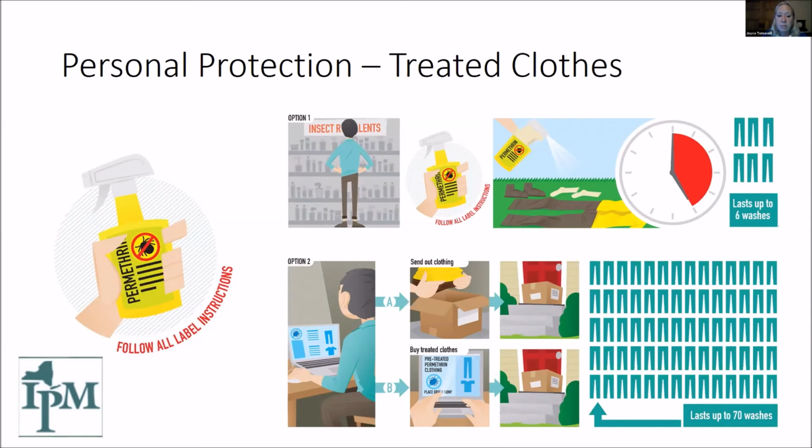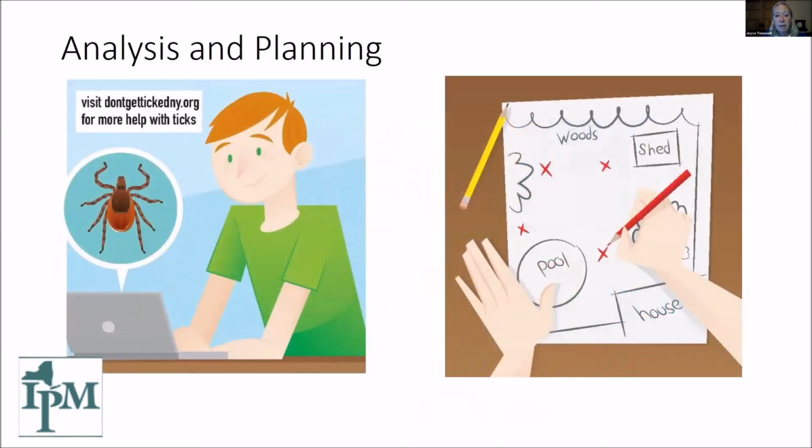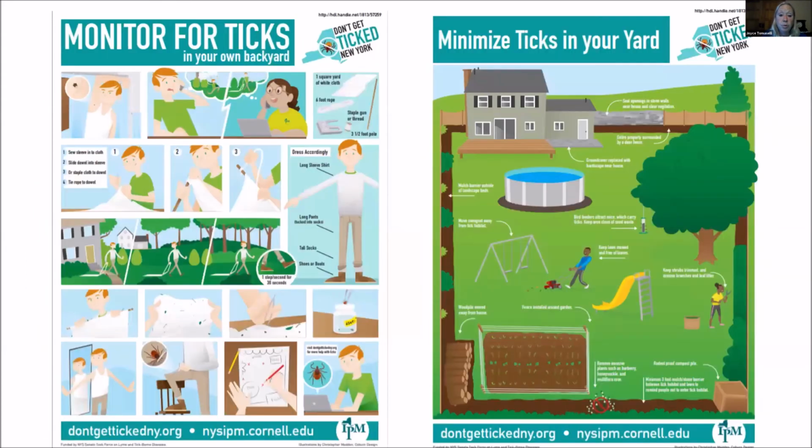So you have a lot of options that are available and have been described, including discussion about when you manage your landscape, that you should keep bushes trimmed and remove branches and leaf litter in the area where you're hanging out most often in your backyard, your front yard with your family, to keep the lawn mowed a little bit shorter there.